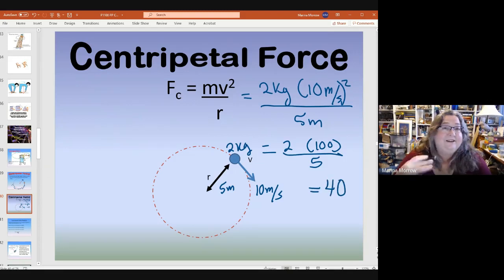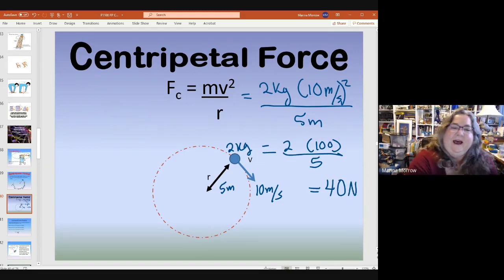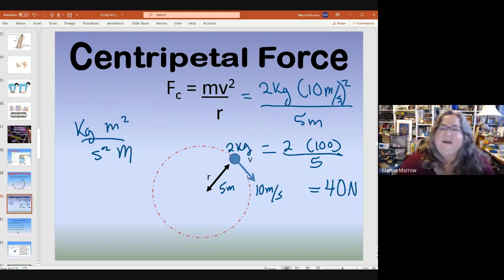Now, this actually will come out to units of force, so it will come out to newtons, because you have kilograms, meters per second, that gets squared, so that's meters squared over seconds squared, and then you've got an additional meter. So what happens is that it turns out to be the same units as you would get for your normal acceleration.